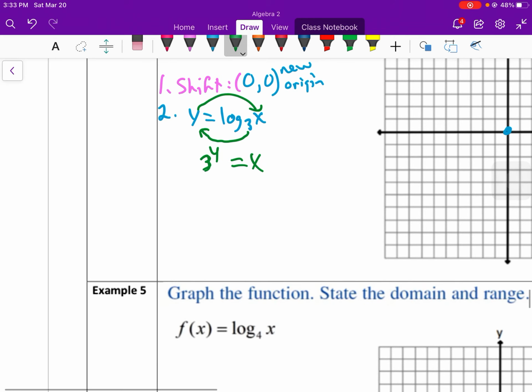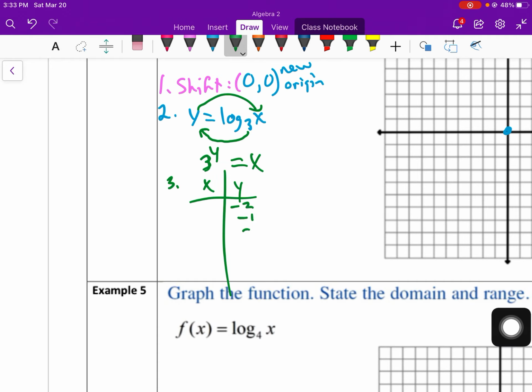Okay, from here we're going to make a table. Since it's the inverse relation for x and y, for exponential functions we did -2, -1, 0, 1, and 2 for x, because it was in the exponent. Now we see y is in the exponent, and it's the inverse, so we're going to plug those values in for y: -2, -1, 0, 1, and 2.